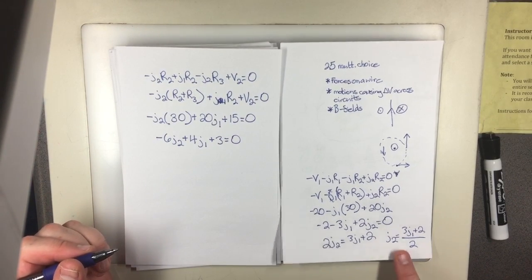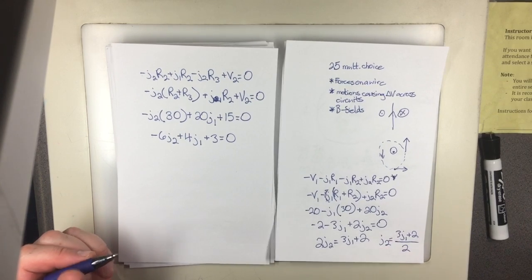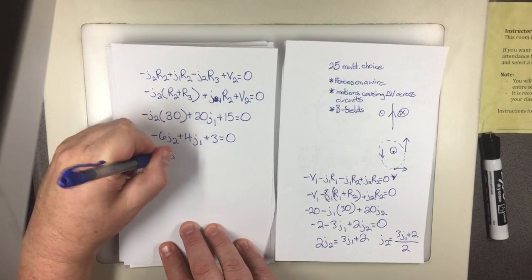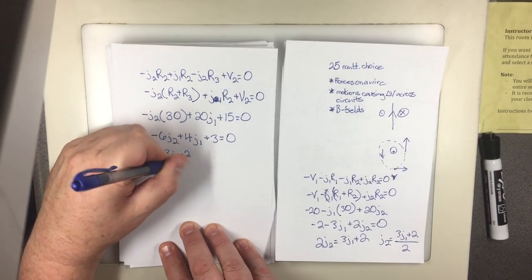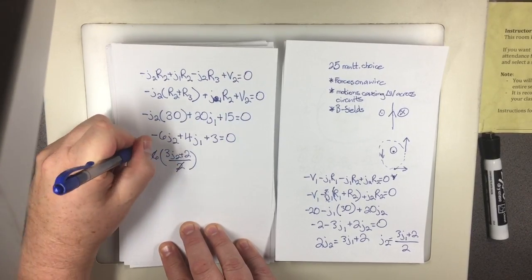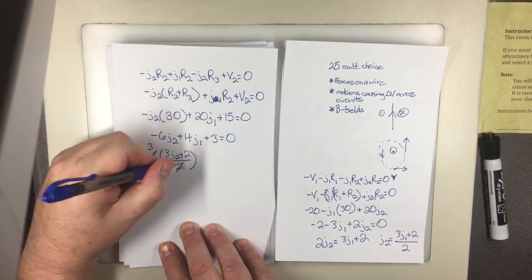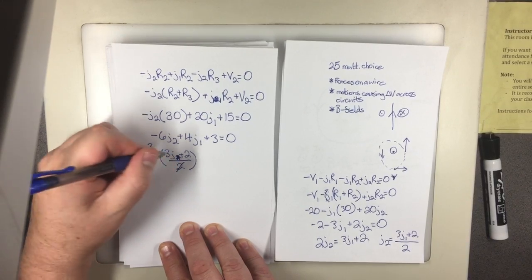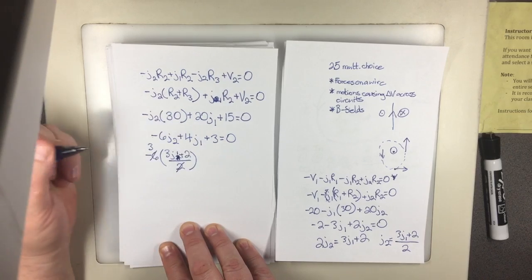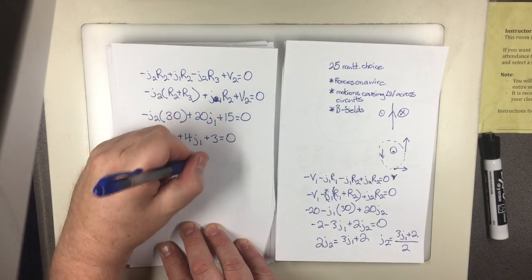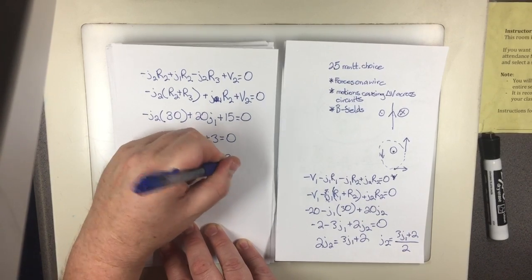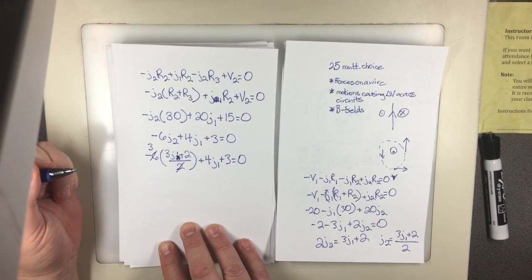Now J2 is equal to this, so it's minus 6 times 3J1 plus 2 over 2. Oh, 3J1, thank you. Yes, I was bringing that down, and this is a substitution. 4J1 plus 3 equals 0.